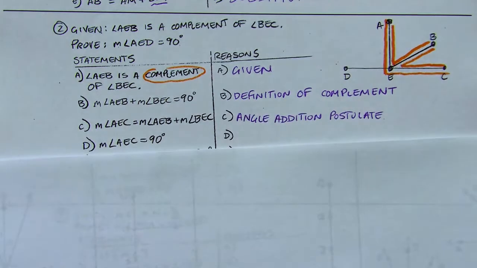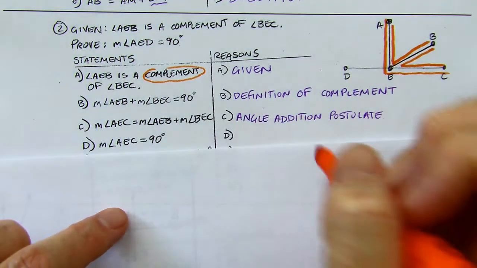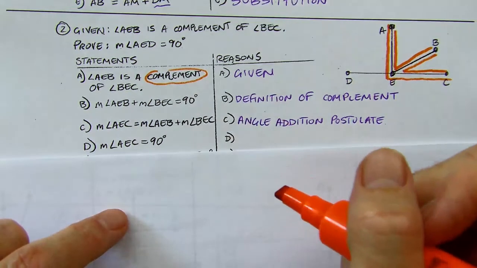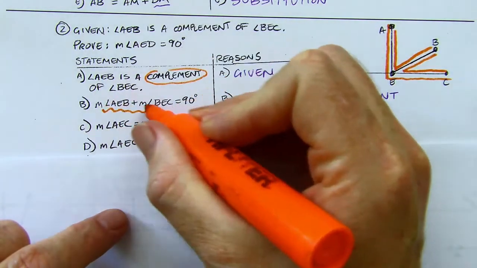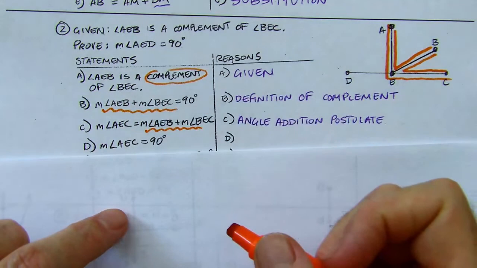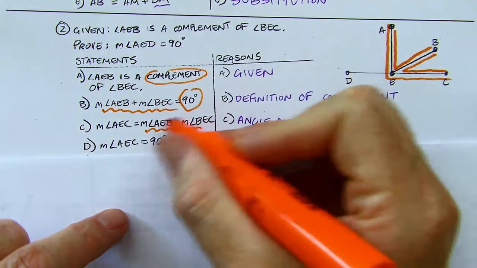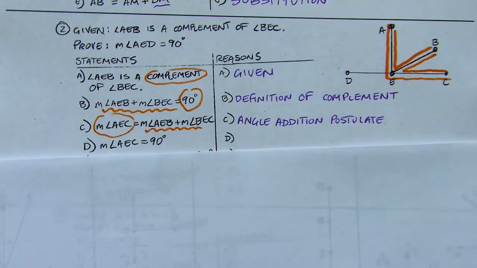But the way I'm going to approach this is, if I look at the last two steps, those parts are identical, okay? So I have the sum of those two angles equals 90 degrees, and then I have the sum of those two angles is equal to the measure of angle AEC.